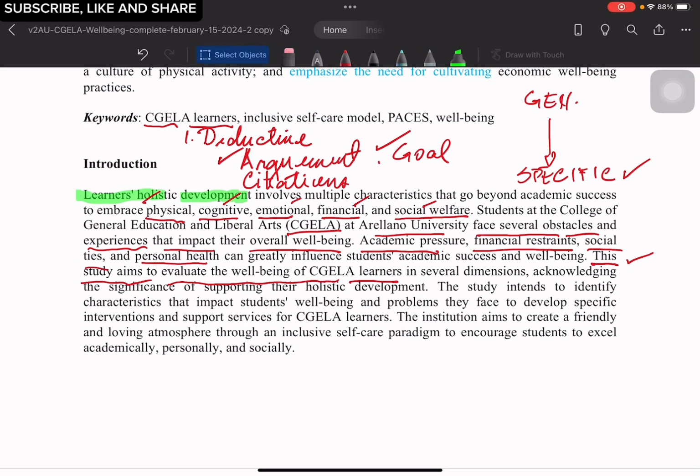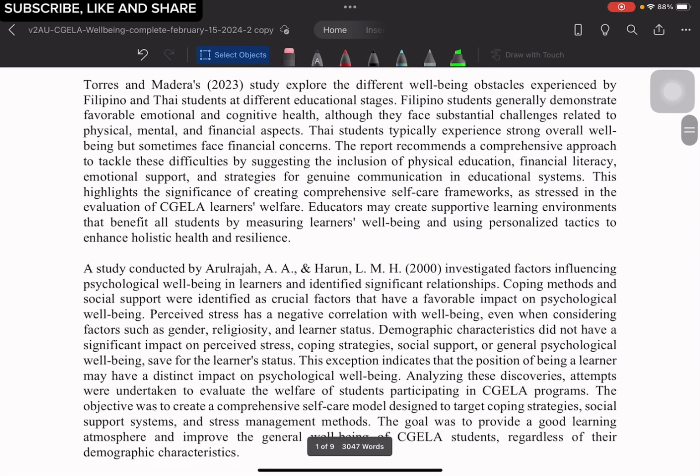The next part of the introduction, as mentioned earlier, should contain the citations used in the writing of the introduction. If we look at the remaining part of the introduction, we can see that two citations were used, one from Torres and Madera 2023, and the other from Arul Raja and Harun in 2000.